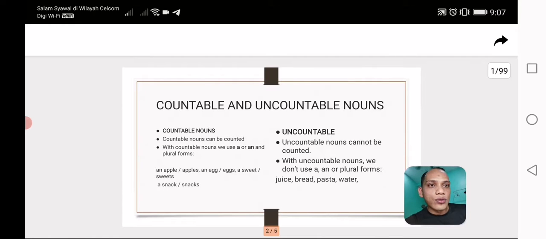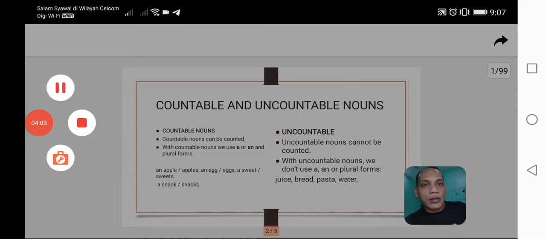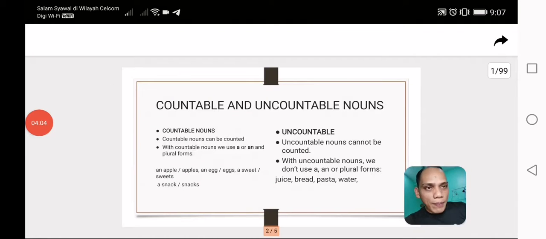So number 2 is uncountable nouns. Uncountable nouns cannot be counted. It is the antonym for countable. So uncountable ni benda yang tak boleh dikira. Kamu nampak tapi kamu tak boleh kira dia.